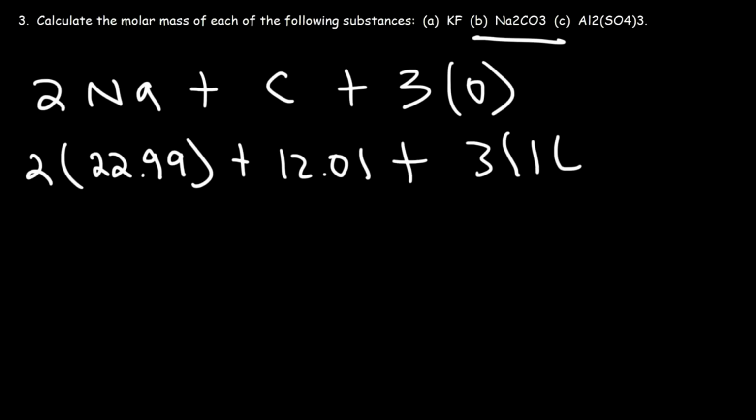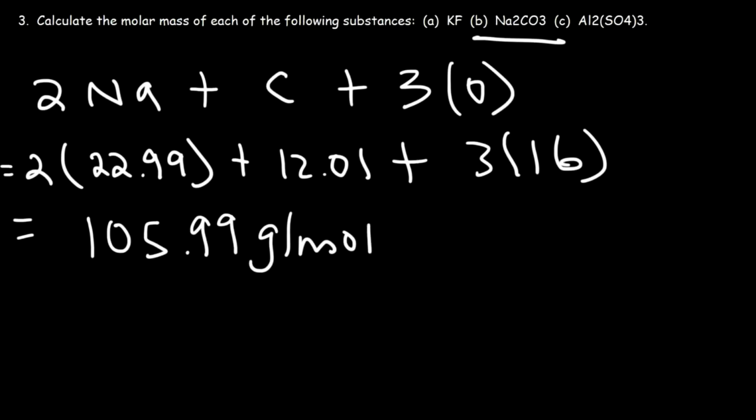And for oxygen it's 16. So all we need to do is basically just add these numbers up. So go ahead and type this into your scientific calculator. So you should get 105.99 grams per mole. And so that's the molar mass of sodium carbonate. So 1 mole of Na2CO3 has a mass of 105.99 grams.